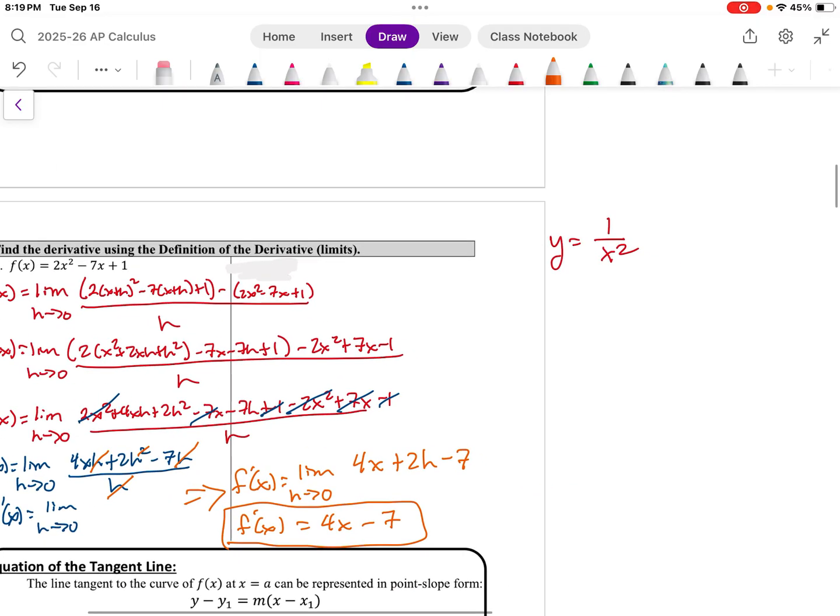All right, problem number 4 here. Problem number 4, they asked us to find the derivative of that function. All right, fair enough. So let's see.